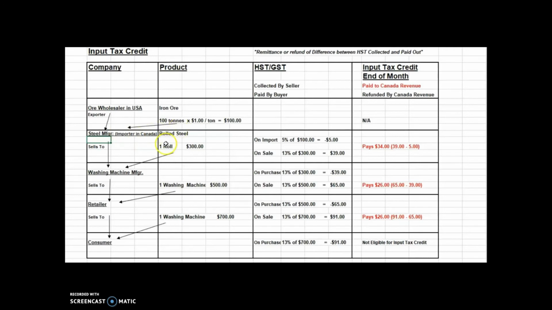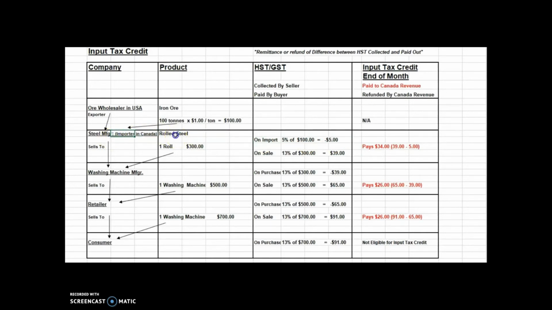So when they import this $100 worth of iron ore, they pay 5% GST on the B3. We do a B3 for them, and the steel manufacturer imports this $100 worth of iron ore. They pay $5 GST when they import that steel. Okay? Next step.